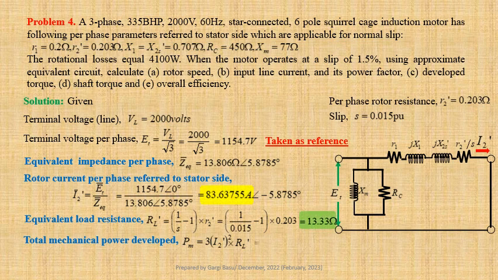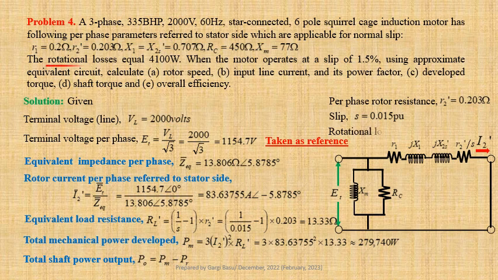Expression for total mechanical power developed, PM equals 3 times I2 dash square into RL dash. Using values we get 3 into 83.63755 square into 13.33, which is approximately equal to 2,79,740 watts. Total shaft power output, PO equals PM minus PR.